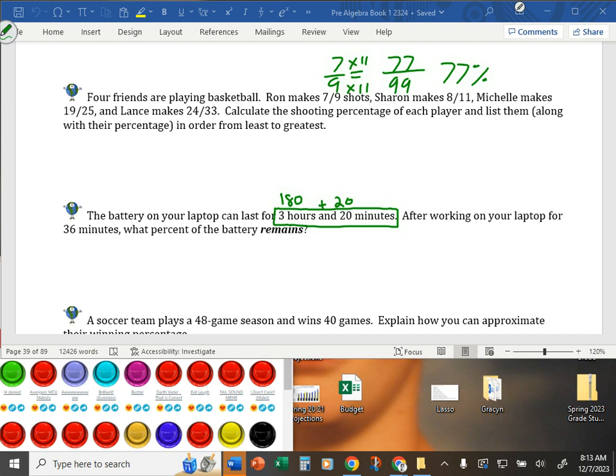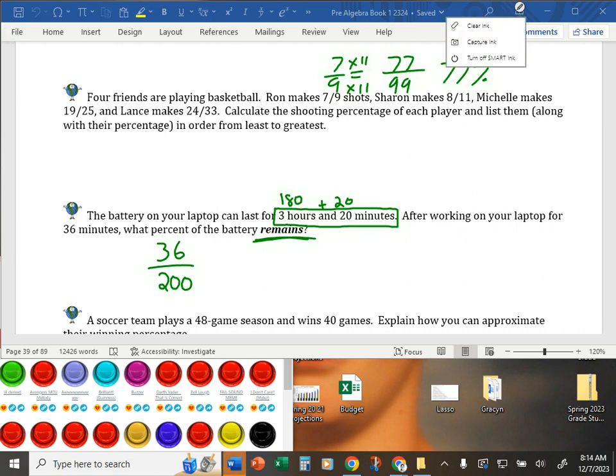So if you use your laptop for 36 of your 200 minutes that the battery lasts, you need to simplify that down to 100 to get the percentage. And note the question, what percentage of the battery remains? This is what you've used. How much remains? Okay, so think about that one a little bit.